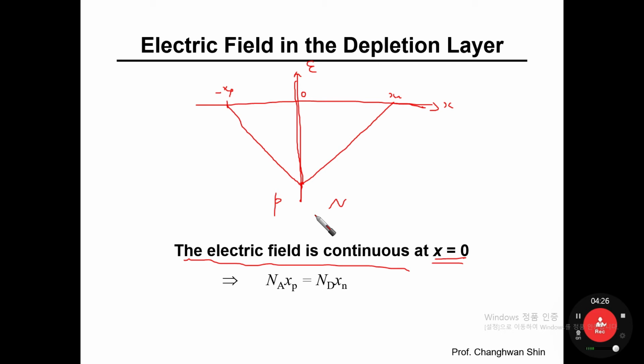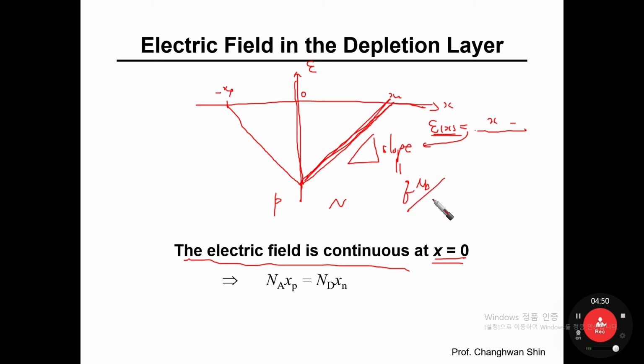Yeah, let's do this. In the previous slide, when we derived the equation for electric field, that was written as blah blah blah. And from that equation, the slope in the n side, this part, has been determined as q times n sub d divided by epsilon silicon. What about this part?